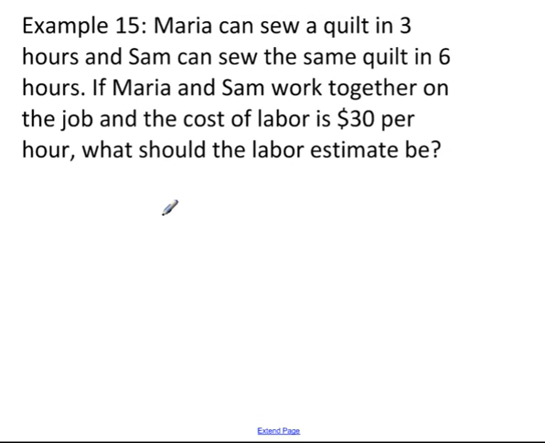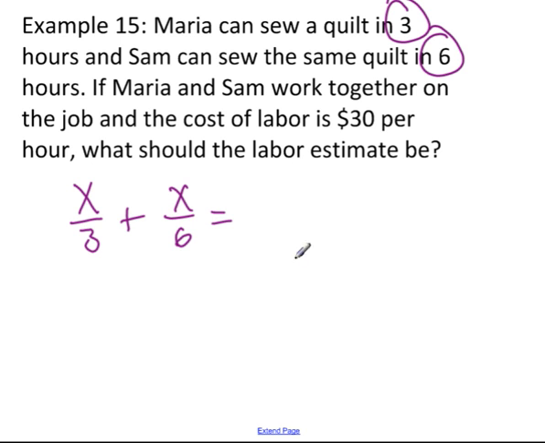But the big thing here is being able to set up stuff right. Maria's going to sew a quilt. So x over 3, 6 here, so x over 6 is still going to equal 1. We're going to worry about the money later. So our LCM here is going to be 6, so I'm going to put my 6 everywhere.